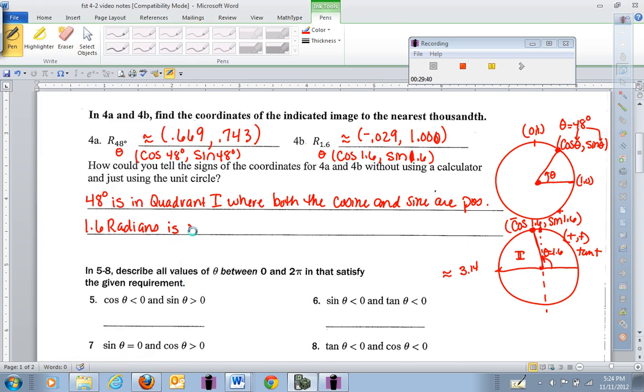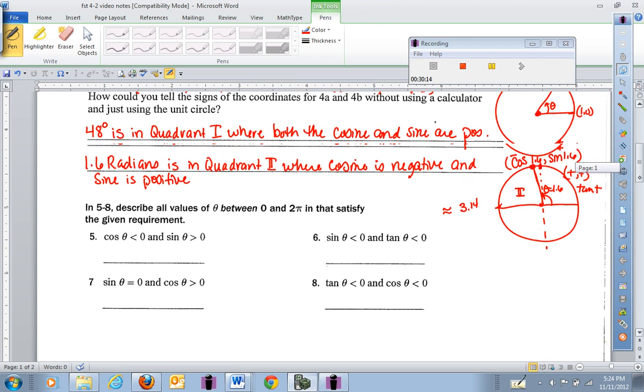Well, that is in quadrant what? 2. Okay? And that's where cosine is negative and sine is positive. So it makes sense what we got for our ordered pairs because we're in quadrant 1 here, we're in quadrant 2 here.